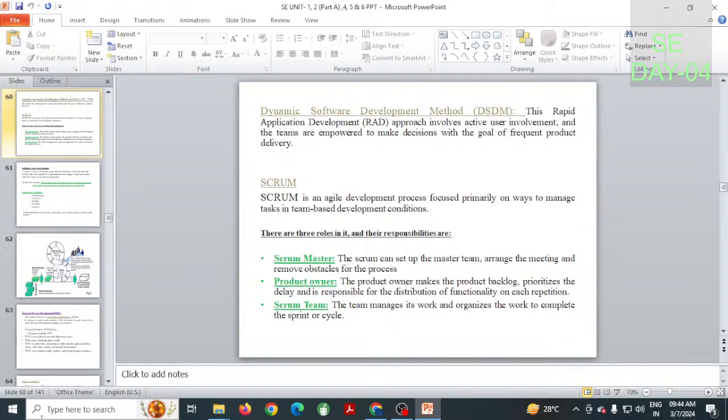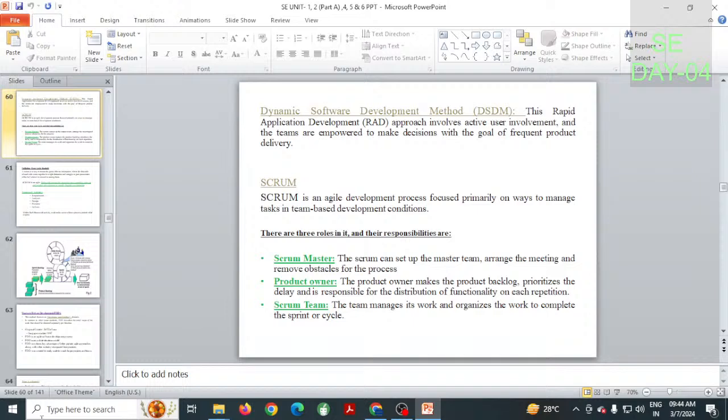we should discuss the three important roles and their responsibilities. What are those roles? One is the master, which we can call the Scrum master. Another is the product owner. And another is the Scrum team.